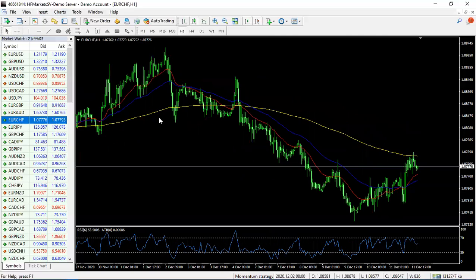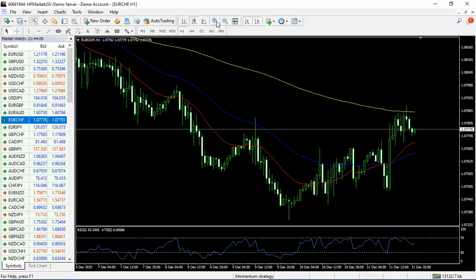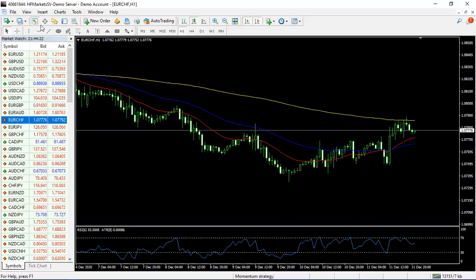Not the best because of this violation. Price is already at the 200 EMA. So for me to take a position on this currency, I want it to break this point, the 200 EMA, form a new high, and retrace to the 20 EMA.